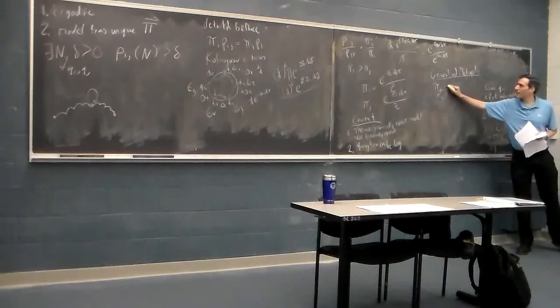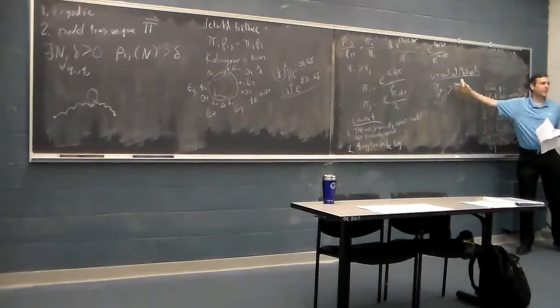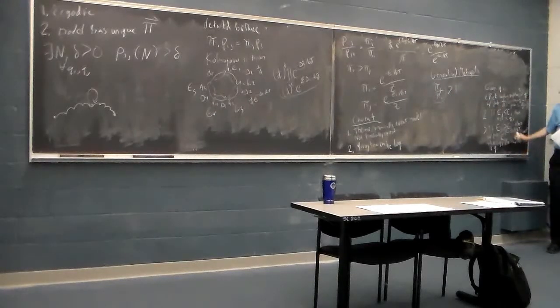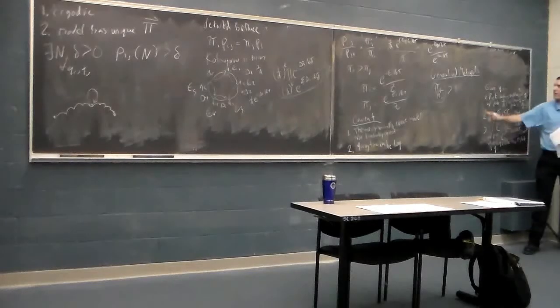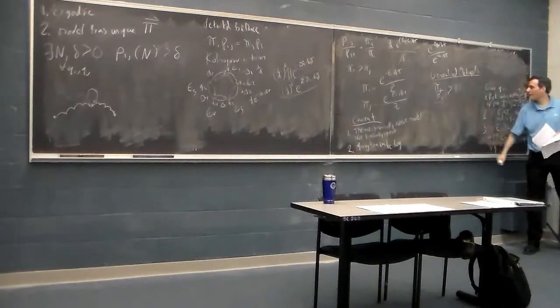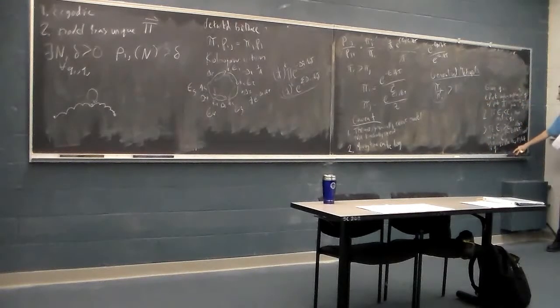If this is greater than 1, then state j is lower energy. So if you are moving to lower energy, your Boltzmann weight goes up, you have higher stationary probability. So we can basically replace this step, if Ej is less than Ei, with the test if pi j over pi i is greater than 1. And then that step follows just as before.